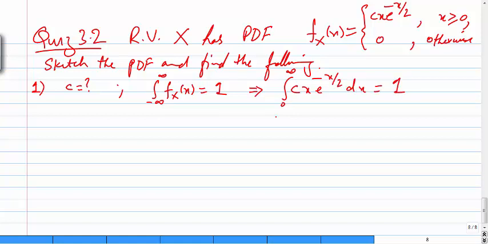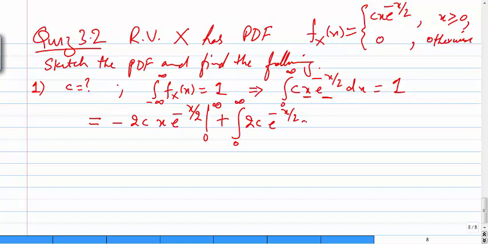When I solve this integral, it becomes minus 2c x e^(-x/2) from 0 to infinity, and then plus, because we have to integrate by parts, the second one from 0 to infinity again, 2c e^(-x/2) dx.